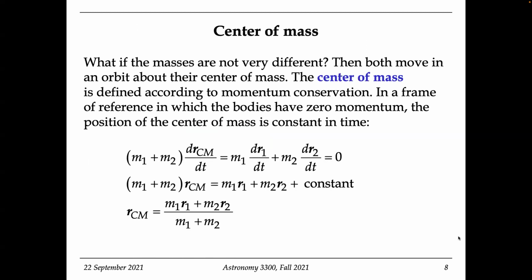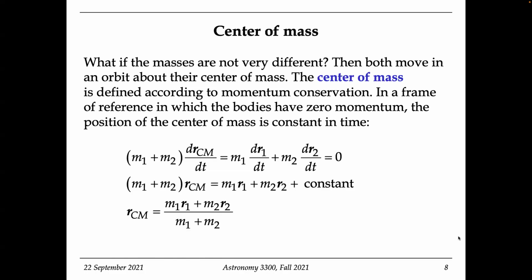That's all I'm going to do on the circular motion. Let's do a little bit on center of mass, because we'll have to think about this when we think about 2-body, 3-body problems, okay? So if the masses are not very different, like for example Pluto and Charon, the center of mass will be in between the bodies.